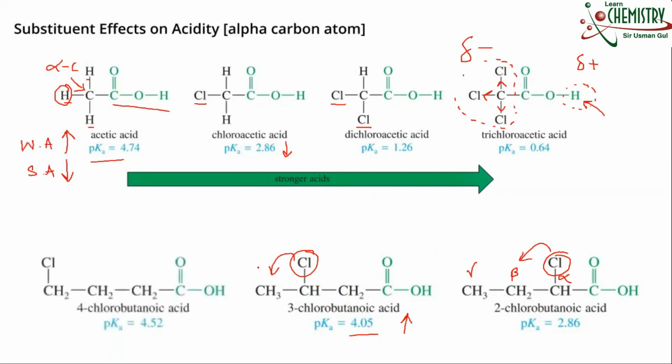The answer is very simple: the value will also increase. So this is another effect when we change the position of the electron withdrawing group on the carbons next to the main functional group. The trend is that if we move it away, the pKa value increases, meaning the acid becomes weaker.